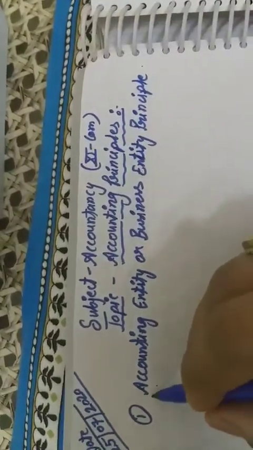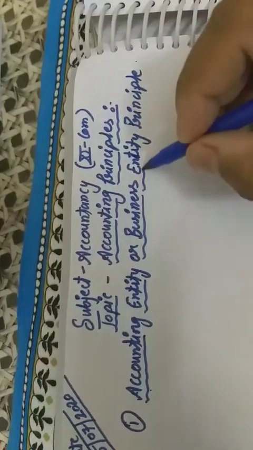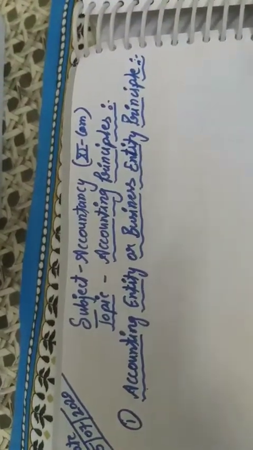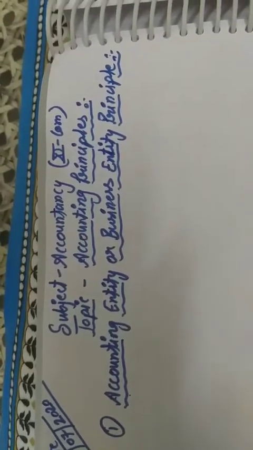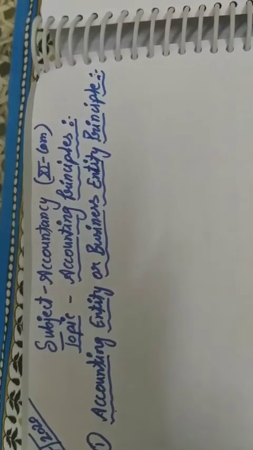This is the first principle of our accounting principles. So what is it? Accounting entity means when we prepare the accounts for a particular business, only those transactions are recorded in that business which are related to only that business.